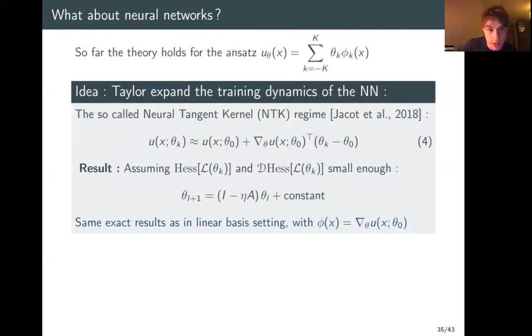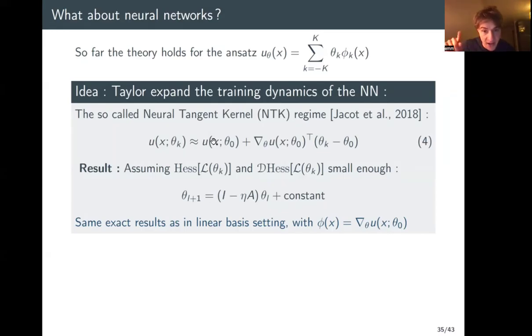It turns out that it's possible using the so-called neural tangent kernel, introduced in a 2018 paper by Arthur Jacot. Roughly, we take our neural network parameterized by theta k, and we Taylor expand it around its initialization, where the Taylor expansion is performed with respect to the parameters and not the input.